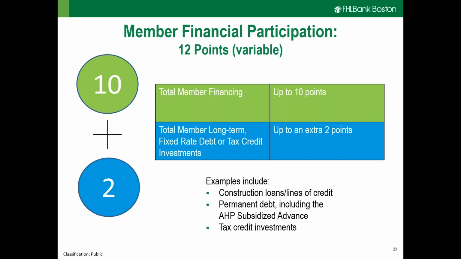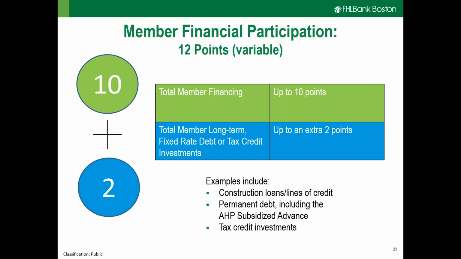They understand the project better than we do. They know the sponsor, they have the relationship with the sponsor. And as such, we don't want our members to just be a conduit for passing through grant funds and things like that. We want to encourage folks to maintain and build that relationship with the member banks.